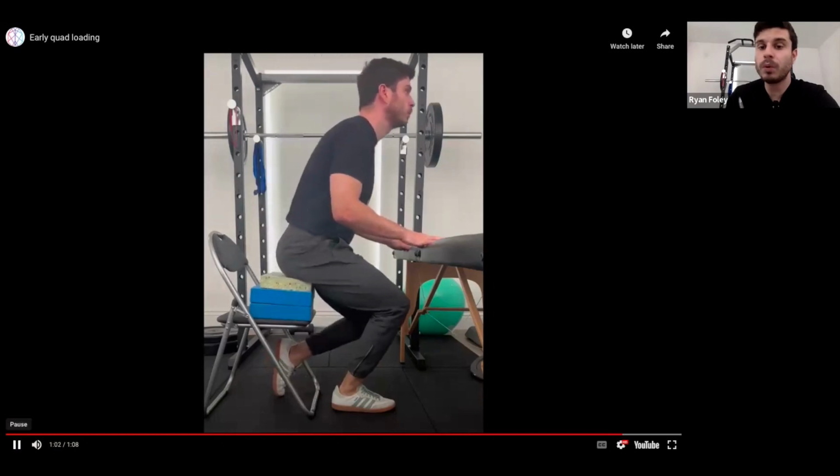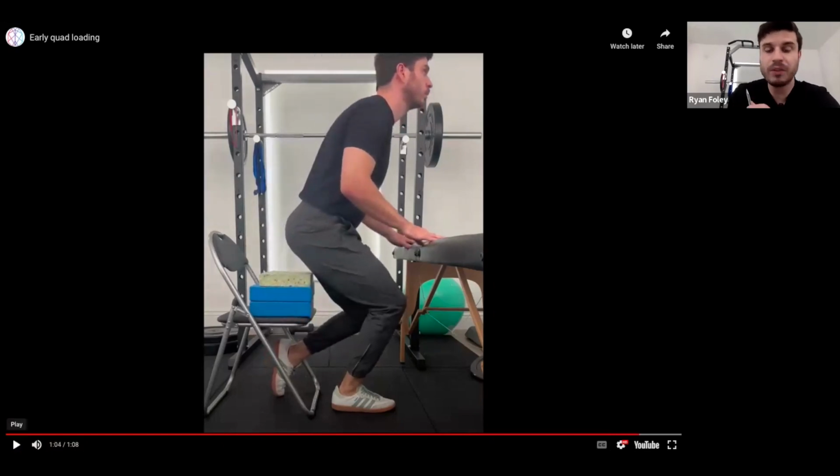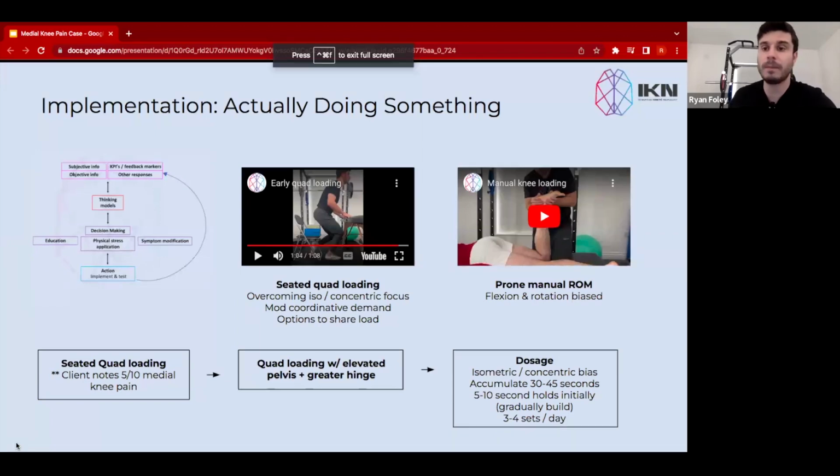okay? But we wouldn't have been able to make those adjustments if we didn't actually do something, okay? So if we waited to find the perfect exercise for them and they had pain, then we'd be devastated because the perfect pain and the perfect exercise that we chose didn't work.